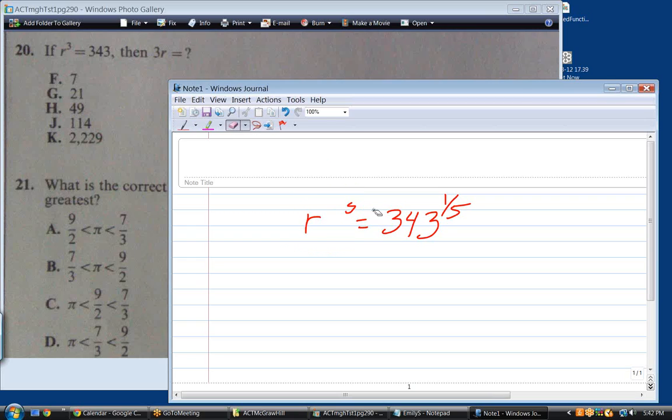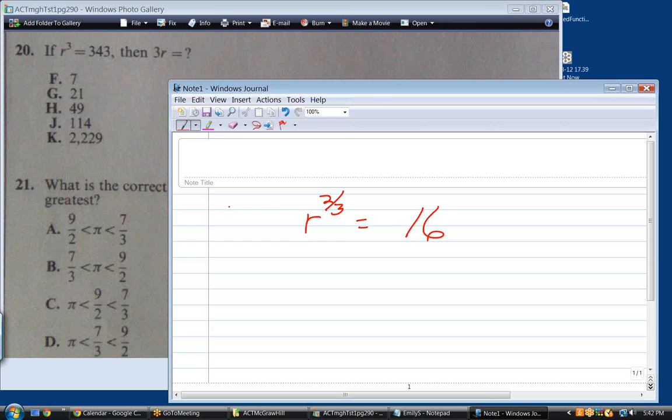So let's take it one step further and say r to the 2/3 equals 16. Now, with the old method, this would be very hard to do because, I mean, how do you get rid of the 2/3?